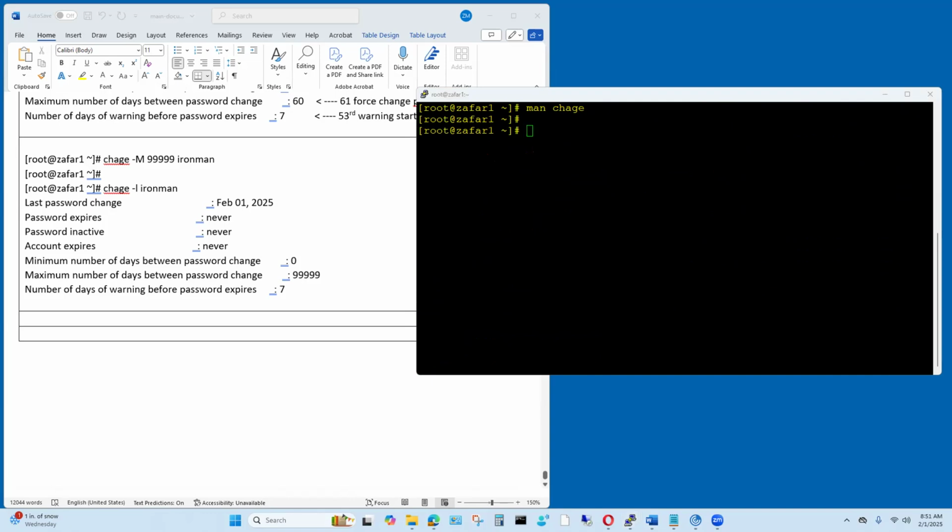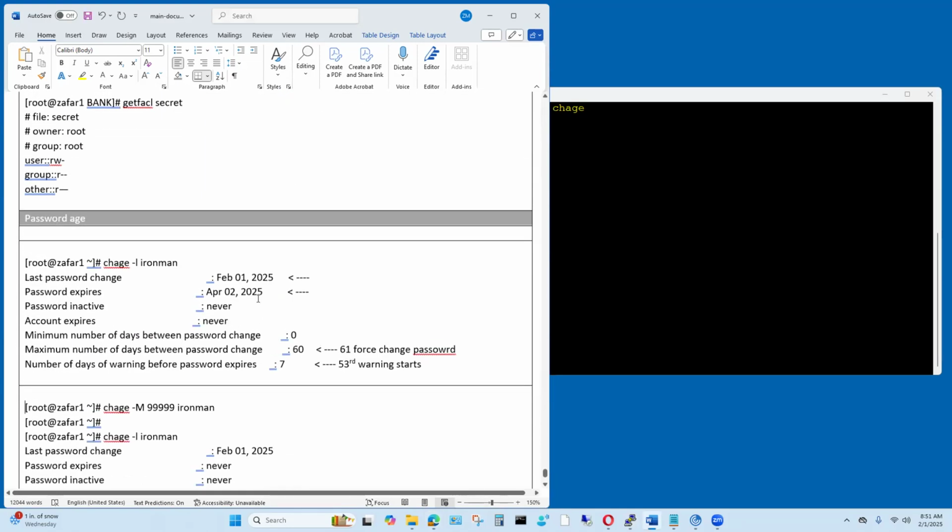Okay, so now I think we are done with most of the stuff here. We're going to pivot to a very different new topic. We are at the end of permissions and the end of user management.